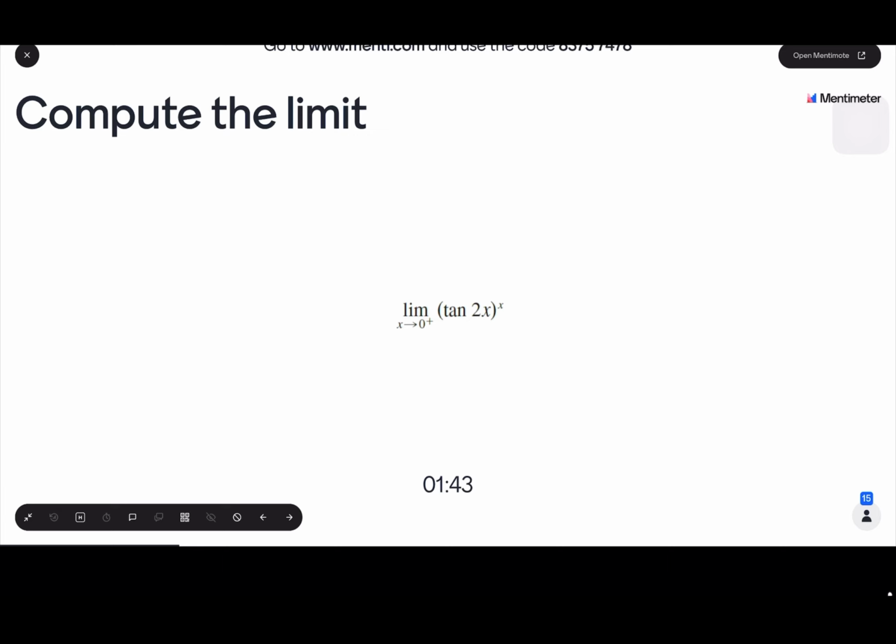Okay. So you need to take the ln and you get this form, right?